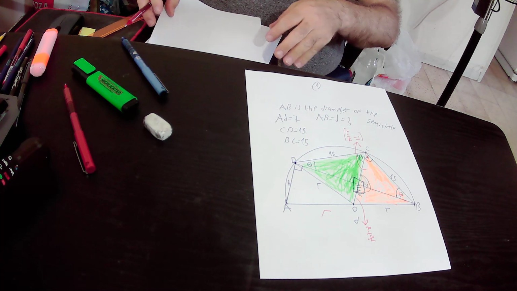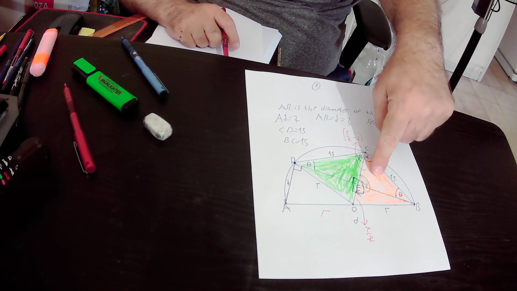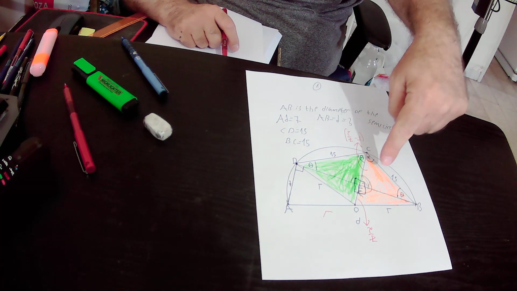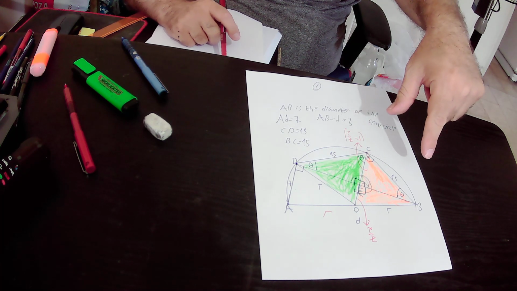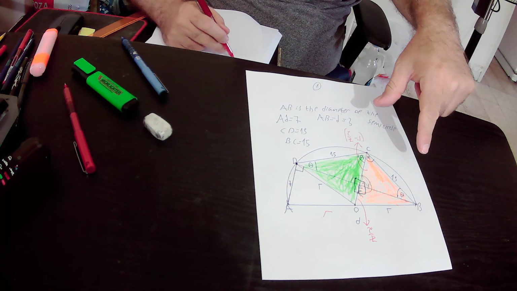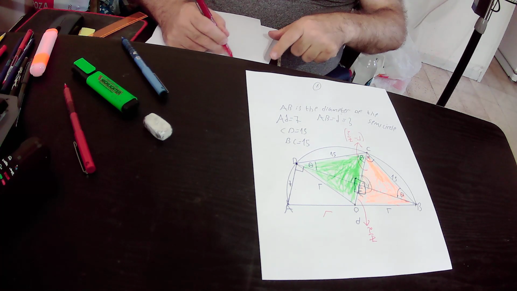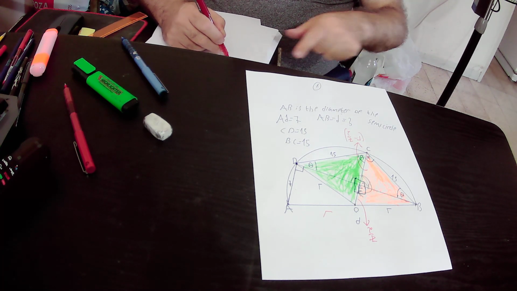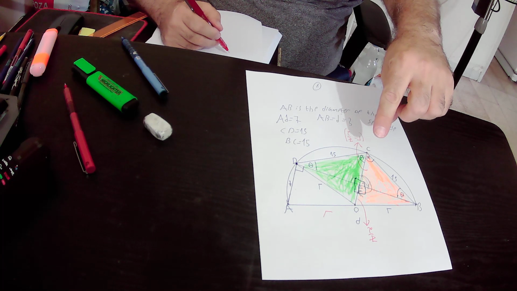So actually EB square, if we relate to this triangle CEB, will be equal to CB square minus EC square.